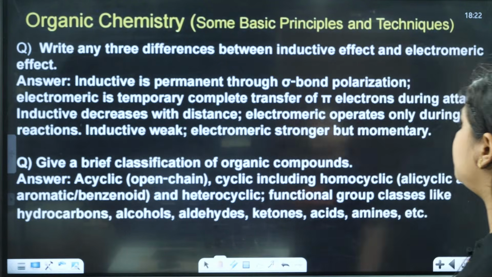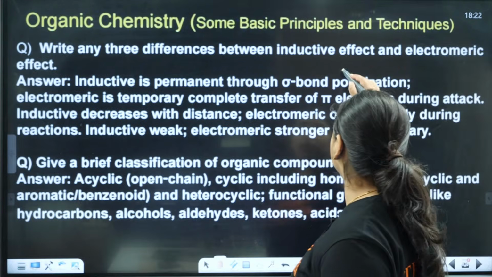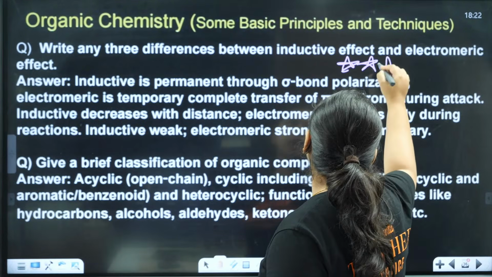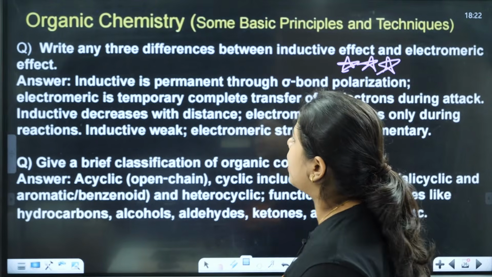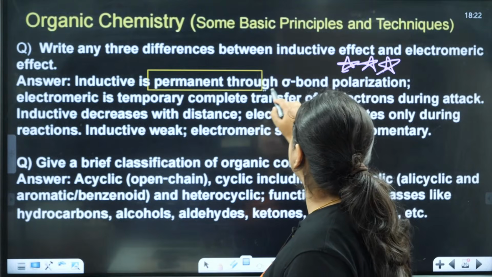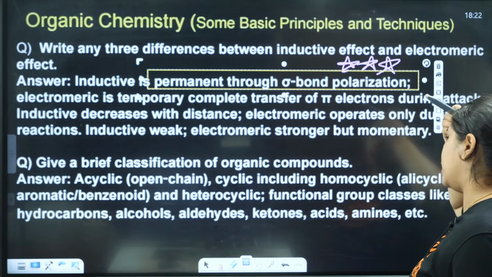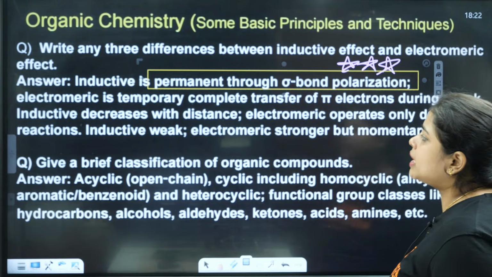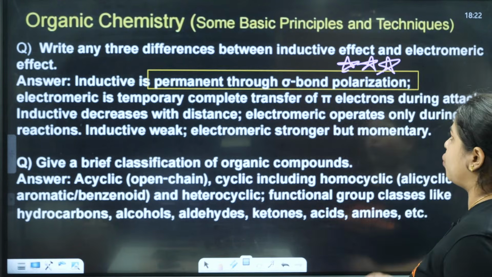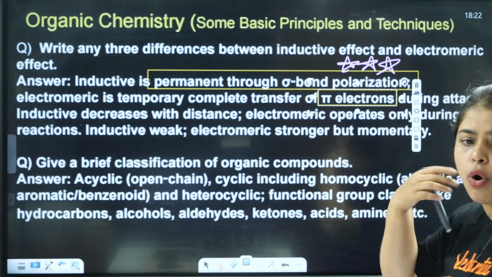Next, write any 3 differences between the inductive effect and electromeric effect. Most repeated question, guys. Three stars. Sure short. Okay, what is inductive? It is a permanent sigma bond polarization. And electromeric is a temporary complete transfer of pi electrons. The pi electrons move temporarily.